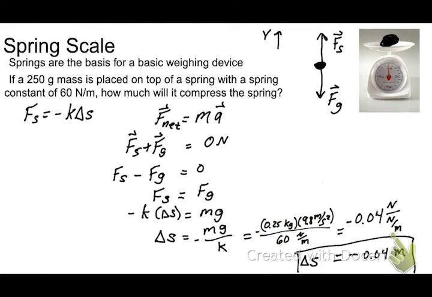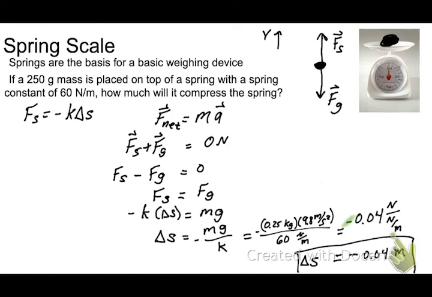What you end up with is negative. The numbers give you 0.04. The units work out such that a kilogram meter per second squared gives us newtons in the numerator, and the k constant, the stretchiness of the spring, has units of newtons divided by a meter.